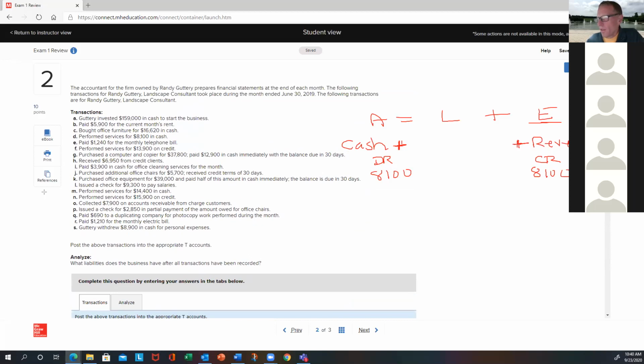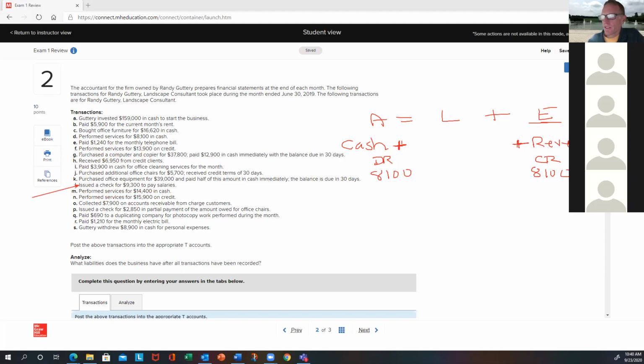Okay, so performed services, we just identified as revenue. This one is cash revenue. And I'm just going to jump around. Look at letter F. You see the same thing, it says performed services, but that one says on credit. And then if I skip down and go to letters M and N, those also say performed services. One says cash and one says credit.